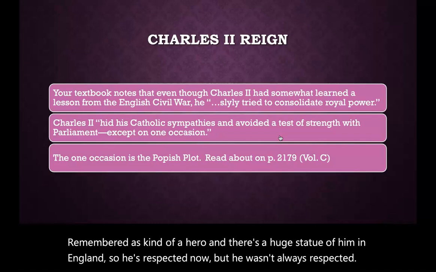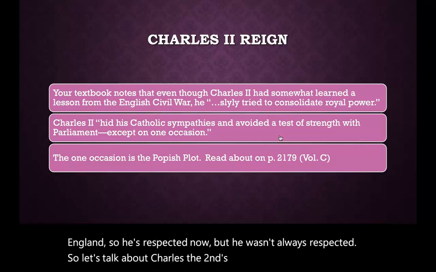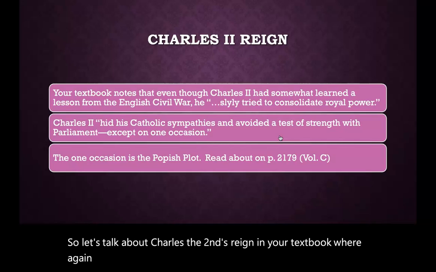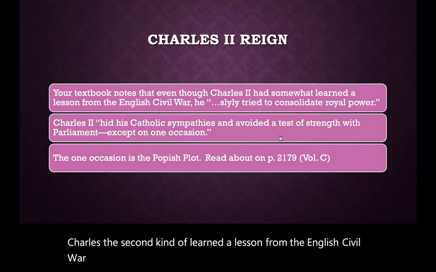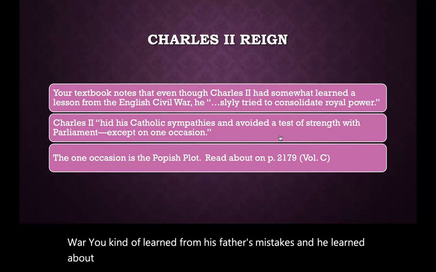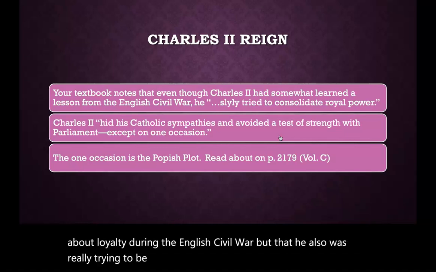So let's talk about Charles II's reign. In your textbook, Volume C, it says that Charles II kind of learned a lesson from the English Civil War. He learned from his father's mistakes, and he learned about loyalty during the English Civil War, but he also was really trying to be sneaky and consolidate royal power.